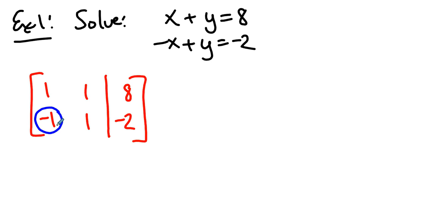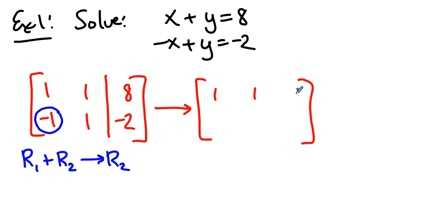Well, there's a 1 here and a negative 1 there, so if we took row 1 and added it to row 2 and left the result in row 2, that would make a 0 here because we'd have 1 plus negative 1 is 0. But whatever we do there, we've got to do all the way across, or else we are changing the value of something that really is very important. So we're going to do this operation.